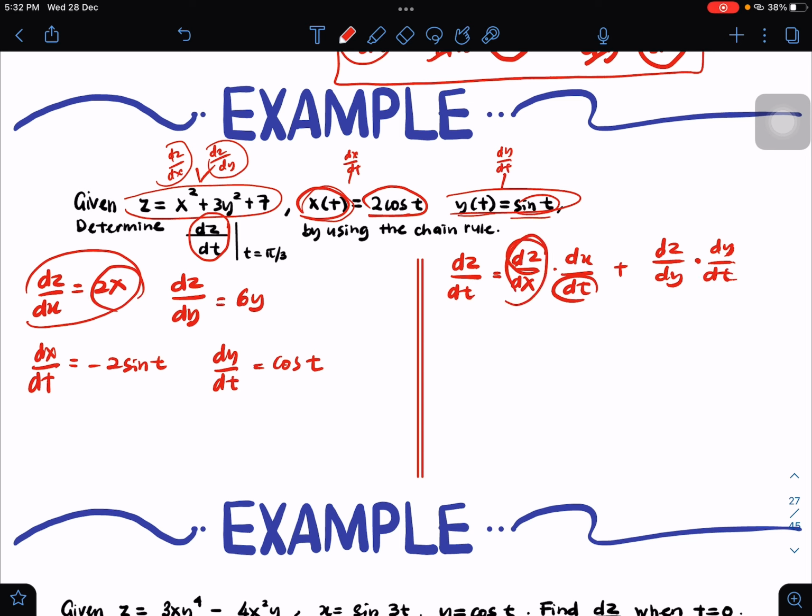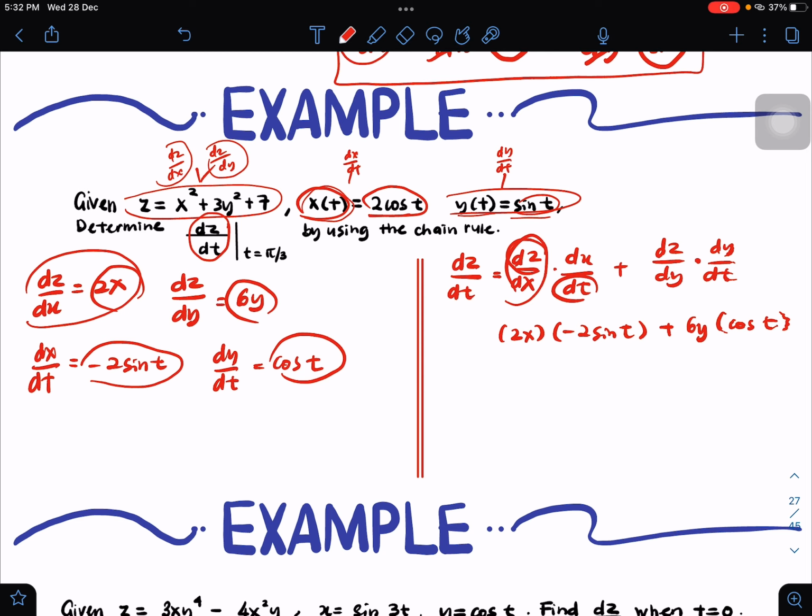You already found it, which is 2x, multiplied by your dx/dt, negative 2 sin t, plus dz/dy, which is 6y, times dy/dt, which is cos t. Now you have negative 4x sin t plus 6y cos t. This is the dz/dt that you want to find.